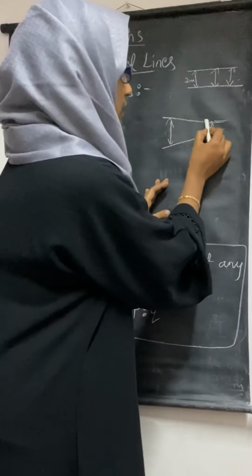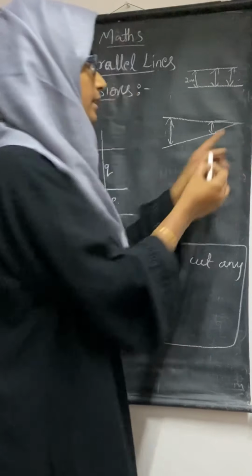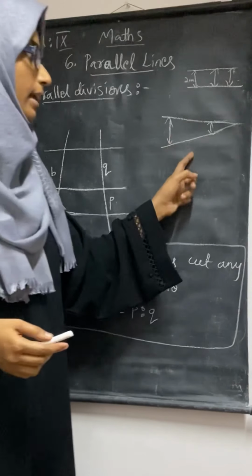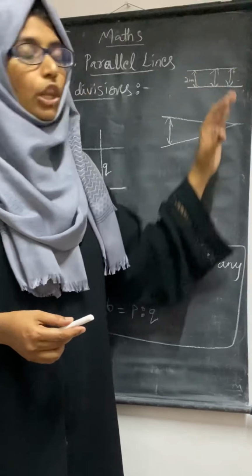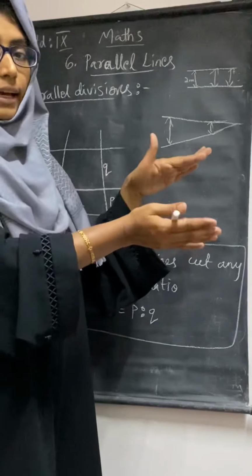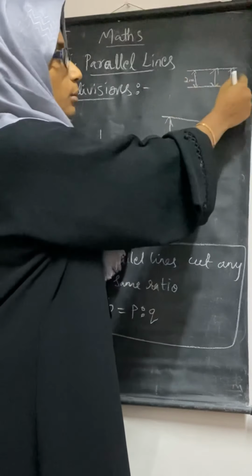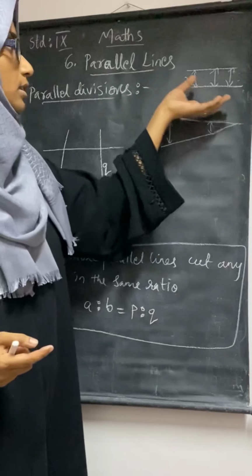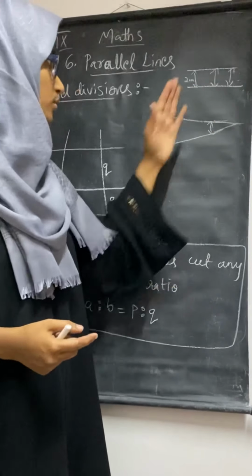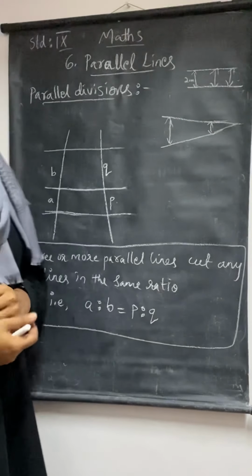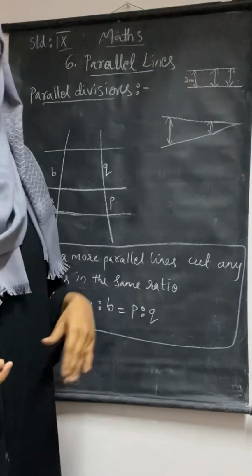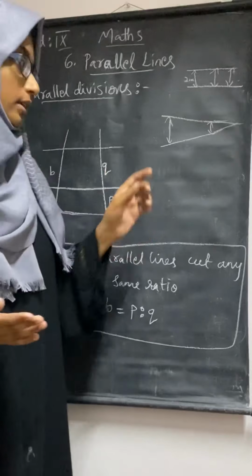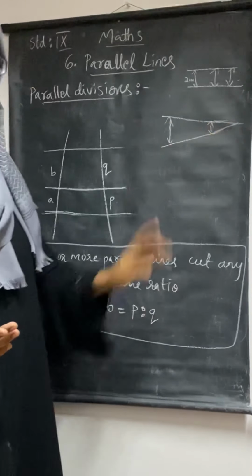But if I continue these lines, they will not meet anywhere. They keep going with the distance of 2 centimeter everywhere. So that is the meaning of parallel lines: the distance between the two lines is the same everywhere, and they will not meet each other. If they meet each other, that is not a parallel line.